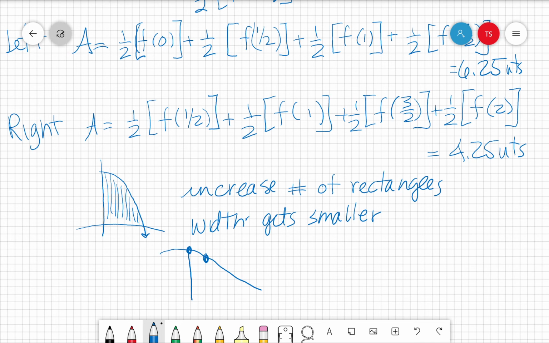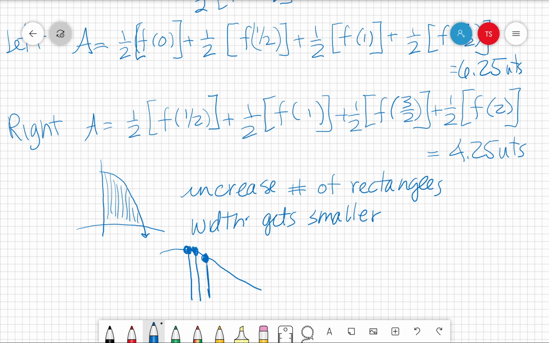The difference between whether you choose the left endpoint or the right endpoint is not going to make a difference, because as the rectangles get smaller, this distance gets closer, and so it won't make a difference.